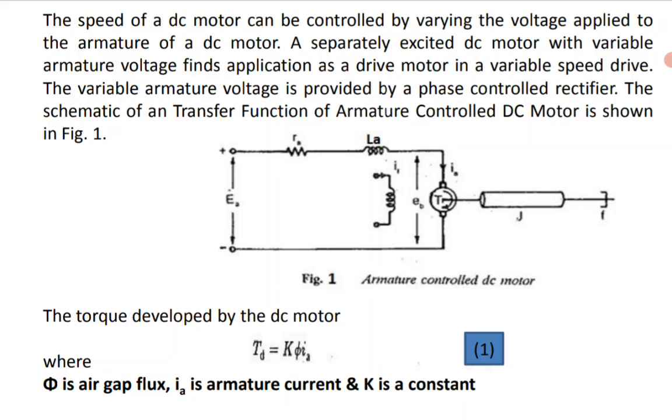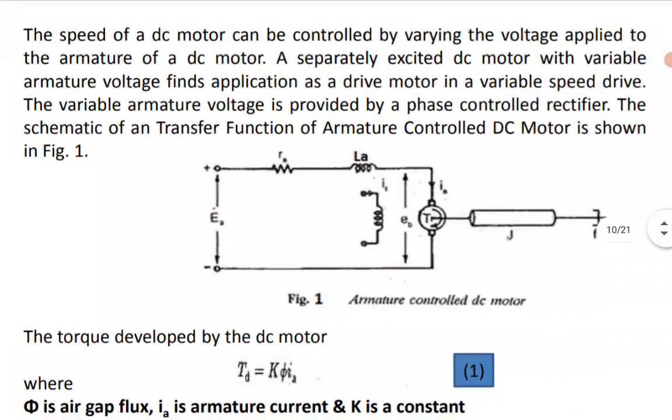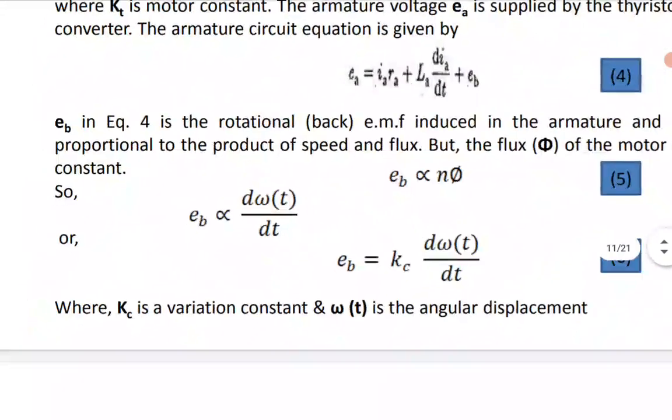Here my input variable is obviously the voltage, the input voltage Ea of S, and the output is the displacement of the rotating shaft, which we denote as angular displacement omega of t. So we have to determine omega of S by Ea of S. Before starting the problem, you should have a good concept regarding that.